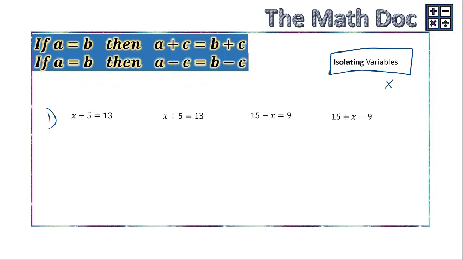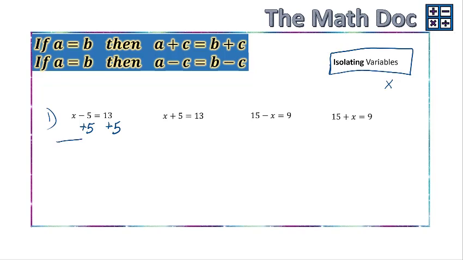So in order to figure out what x is, what we'd like to do is isolate it on one side of the equation. How can we do that? Well, we can add or subtract a number from this equation. And when we say add or subtract to the equation, we need to do it to both sides of the equation. Well, let's try to add the number 5 to both sides of the equation, right?